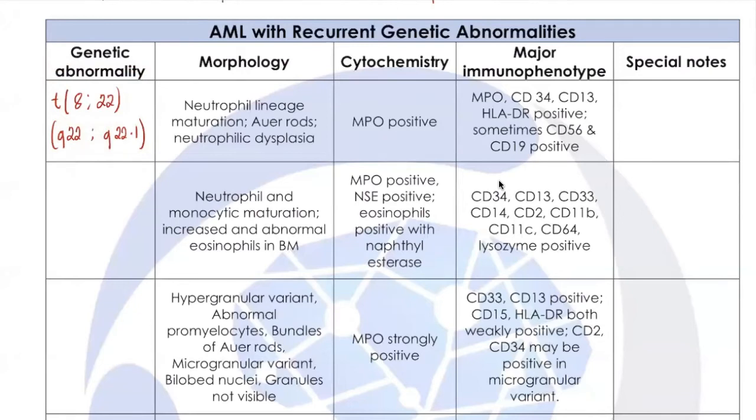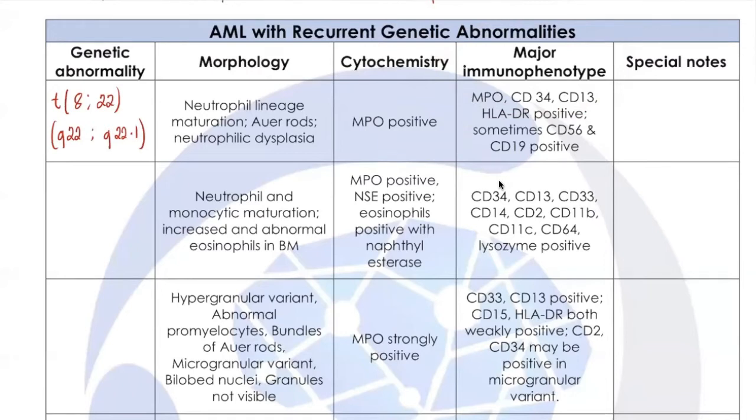Okay? So this type of AML is affecting the neutrophil lineage. Take note of the presence of Auer rods and neutrophilic dysplasia. This is MPO positive, obviously, because myeloid yung kanyang series. And ito guys, yung mga CD markers that are oftentimes positive in this genetic abnormality, yan yung mga pinakatatandaan talaga.